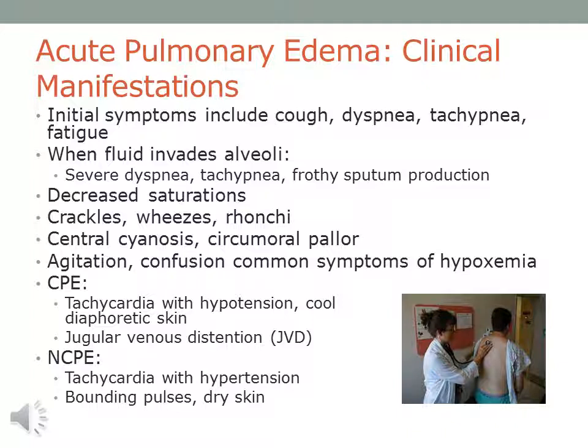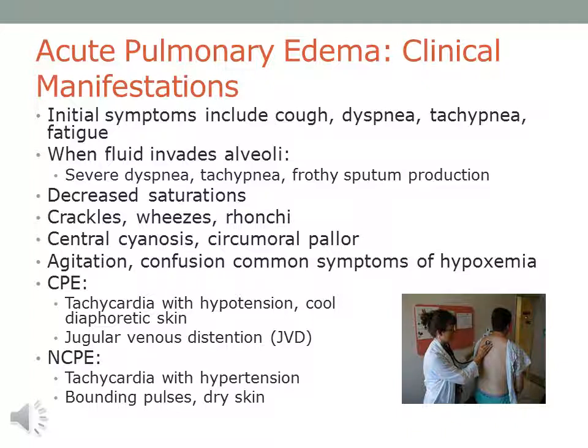And when that alveoli, which should be a normal air space, starts to fill up with fluid, the patient's going to experience severe dyspnea or difficulty breathing, tachypnea, increased respiratory rate because the body's not getting adequate exchange. It's going to try to breathe faster to get more oxygen into the bloodstream.